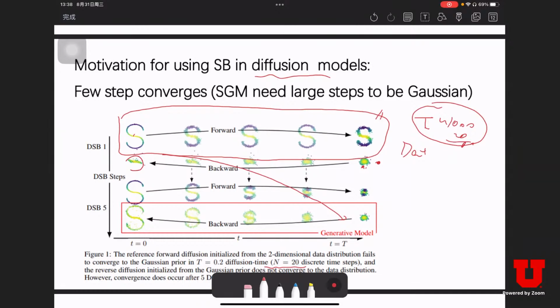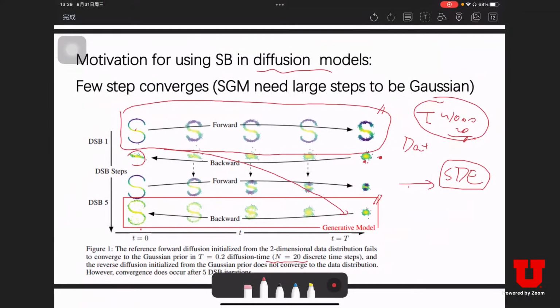However, if we use the Schrödinger bridge, our forward process is not just a given, very simple Gaussian drift. After some training of the Schrödinger bridge, we can learn a very good forward SDE. With this very good forward SDE, it's very easy to go from your initial data to Gaussian noise in a very short number of steps. Maybe N equal to 20, you can finish it. With this we train our backward model.